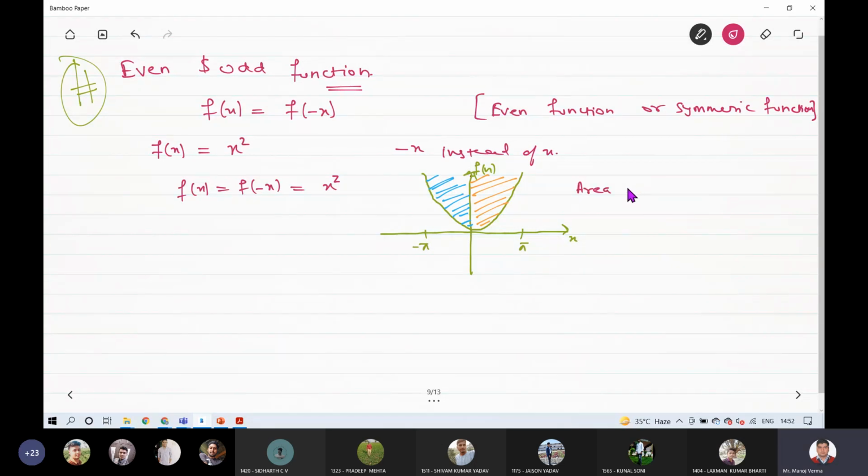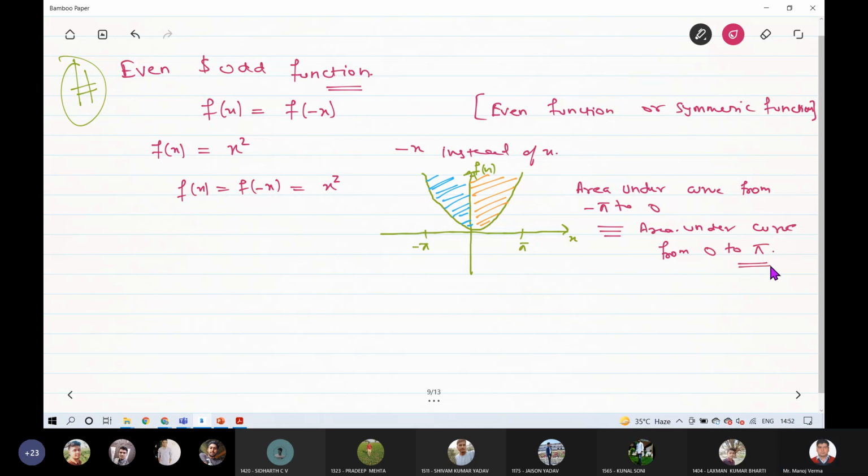for this particular case, when the function is even, the area under the curve from minus pi to 0 is equal to the area under the curve from 0 to pi.